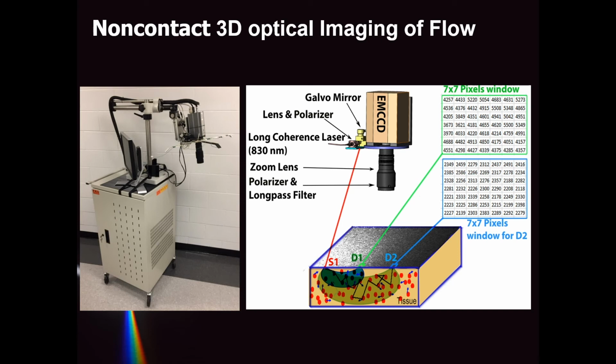And here in the right-hand side, you can see the schematic of the SC-DCT system for 3D imaging of tissue blood flow distribution. Here there is a galvo mirror, which is a device we can use to deliver the point light to different positions.